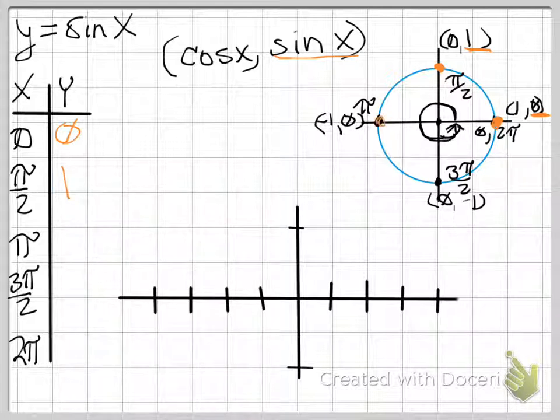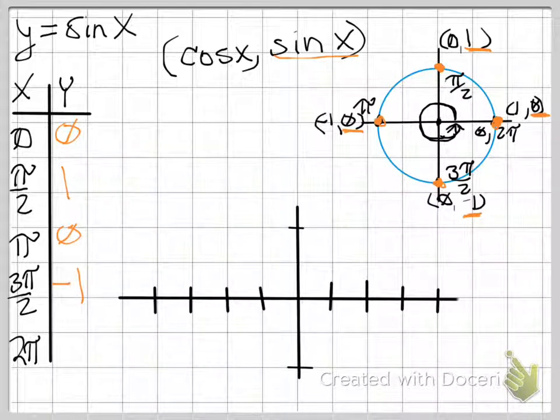Keep going. What about pi? So I want the sine of pi. All you got to do is look right there. That's the answer. Put it right there. Keep going. 3 pi over 2. I want the sine of 3 pi over 2. Well, it's right there. -1.